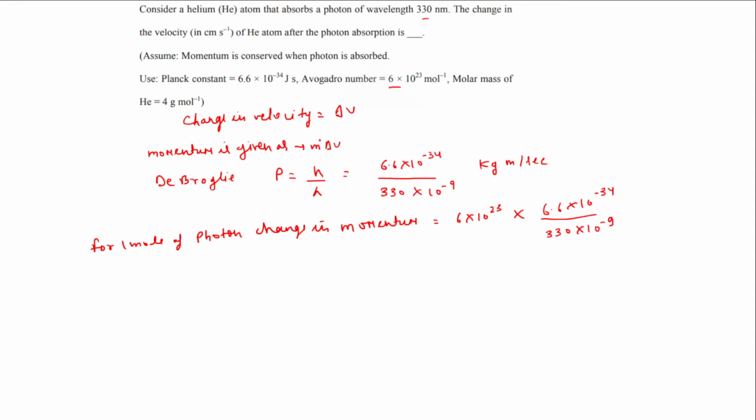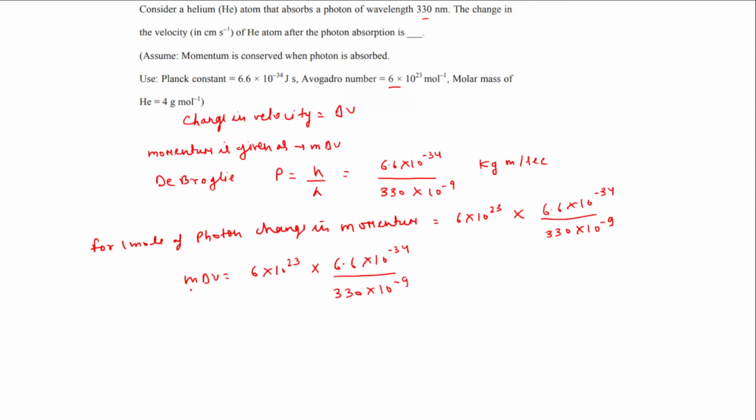Now as we said earlier, change in momentum is m delta v. Now this whole quantity will be equal to the change in momentum, so we can write m delta v is equal to 6 into 10 to the power 23 into 6.6 multiplied by 10 to the power minus 34 upon 330 into 10 to the power minus 9.